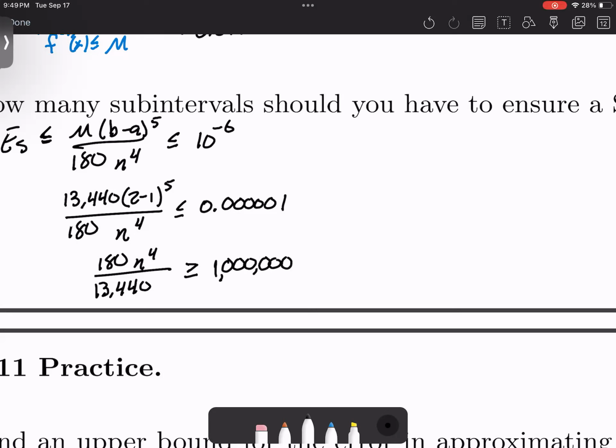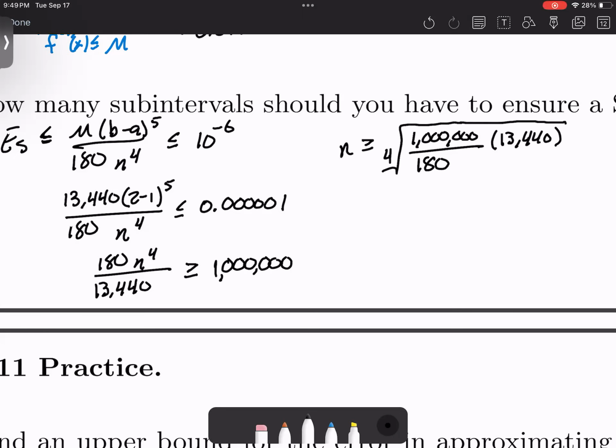And you can solve this for n by throwing the 13,440 over to the other side, divided by 180, and taking a fourth root. So n will be at least 1 million divided by 180 times the 13,440, and then a fourth root of this, which after running through the algebra, you get 92.9.